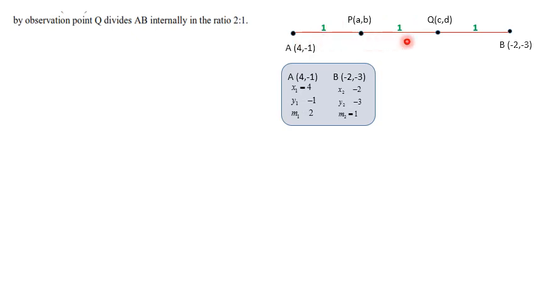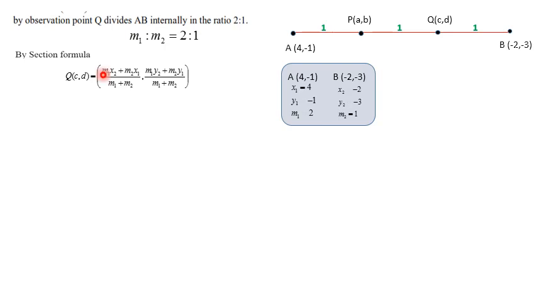So the total length of AQ is 2 units and the length of QB is 1 unit. That's why the ratio is 2:1. So m1:m2 is 2:1. So we can calculate the coordinates of Q by using the section formula (m1x2 + m2x1)/(m1 + m2), (m1y2 + m2y1)/(m1 + m2).